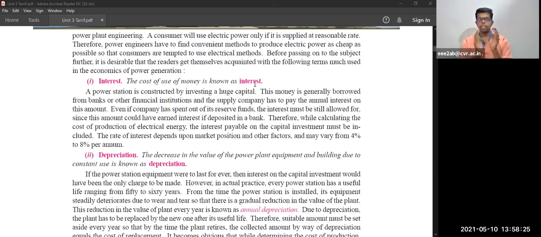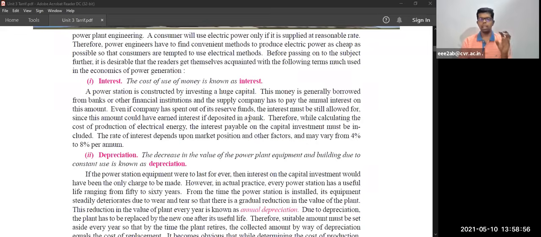Reserve funds means emergency funds should always be there with those companies. Even the government will have some emergency funds for situations like a pandemic, when the situation is very bad, or natural calamities that take over all the trees and infrastructure, so they have to develop the infrastructure again.